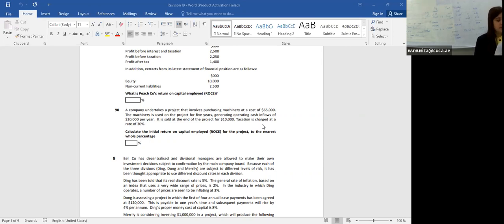So what is the basic way to calculate depreciation? They have given us the scrap value as well, that is 10,000. Am I right? So cost minus residual value divided by estimated useful life of the project is depreciation. As you can see, the machinery has been purchased for 65,000, scrap value is 10,000, divided by estimated useful life of 5 years.